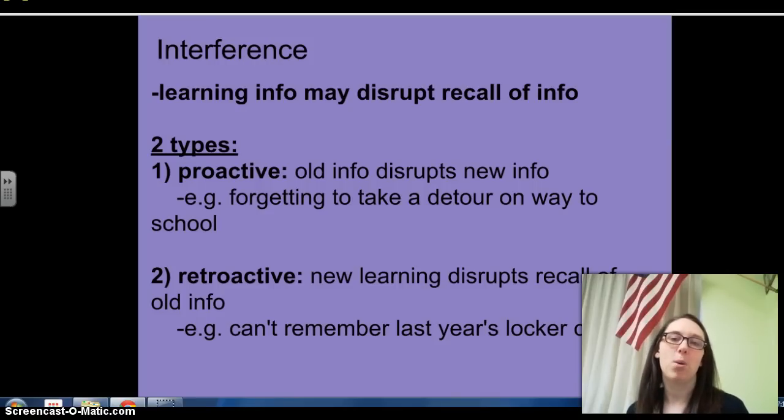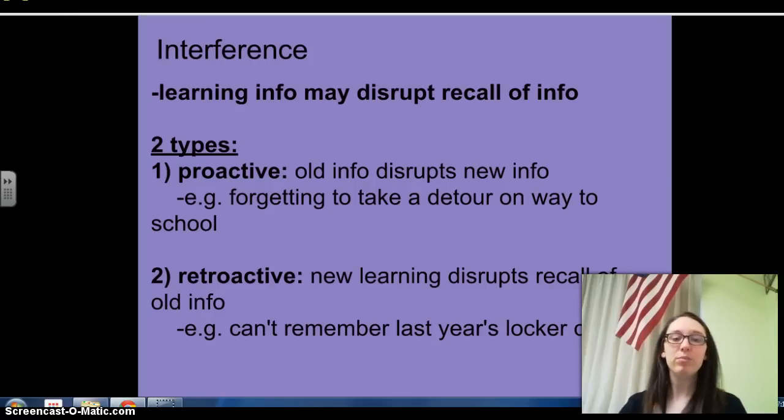This is an example of proactive. Sometimes habits are really hard to shut down. I don't know if any of y'all ever found yourselves going to your old locker as opposed to your new one at the start of the year. Maybe if you switch seats in a classroom, you go to sit down at an old seat, forgetting that you've just gained a new one.